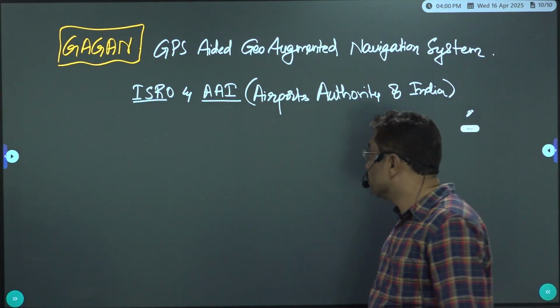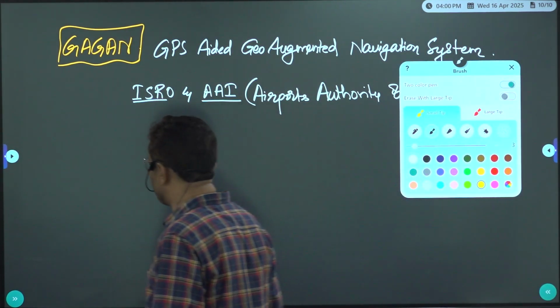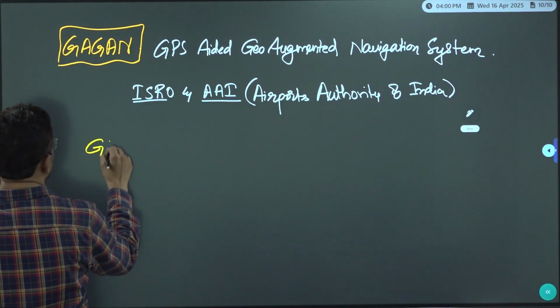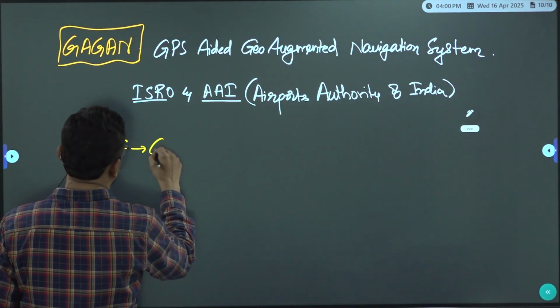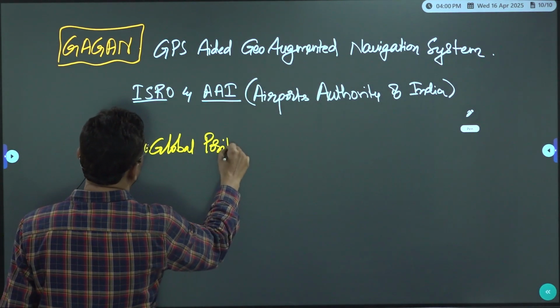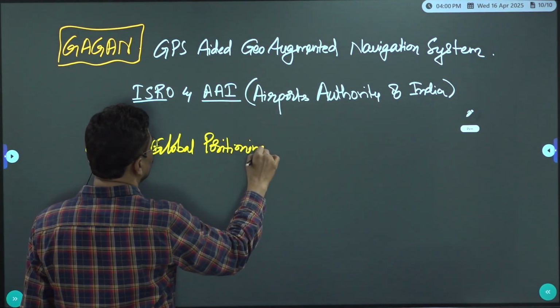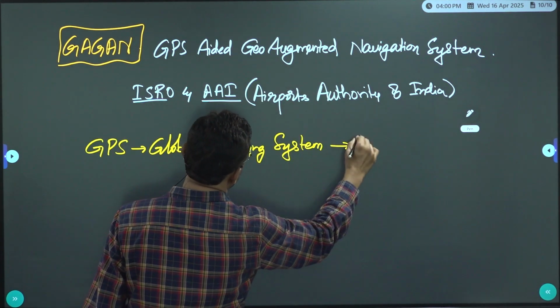Let us see other types of navigation systems. GPS, that is Global Positioning System. It is the navigation system of the US.